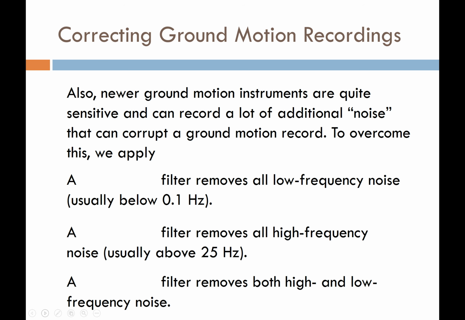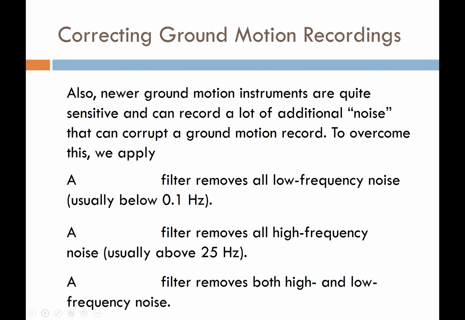Another thing to consider is that, as I mentioned before, these ground motion instruments can and do often record a lot of noise. And this noise can corrupt ground motion records. Everything today emits some sort of signal because we have machines that are constantly vibrating.